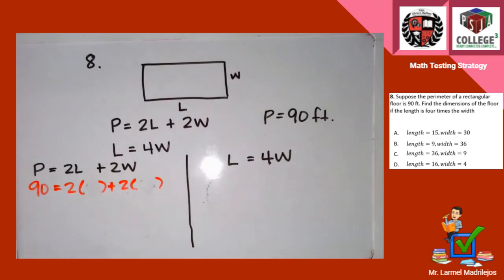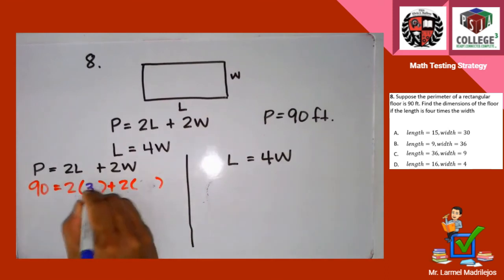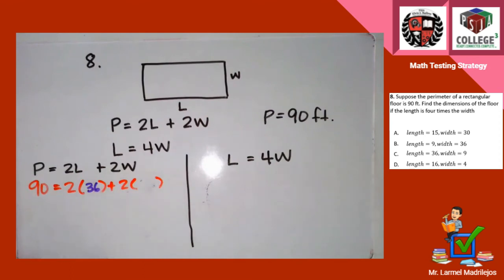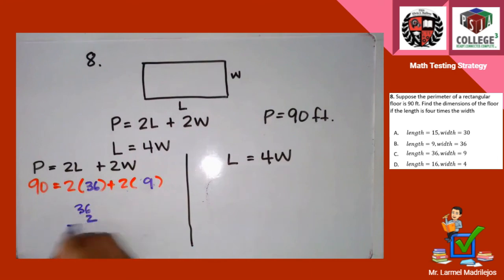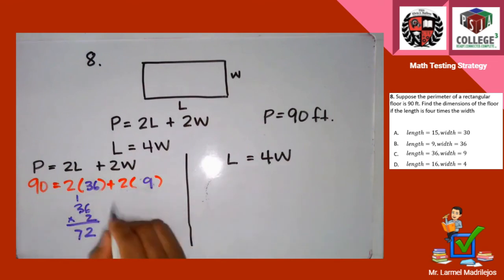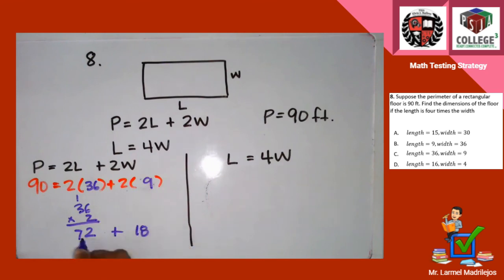Letter C. Length is 36 and the width is 9. So 2 times 36 is 12, carry 1, 6, 72. 2 times 9 is 18, plus 18, 72 plus 18 is 90.